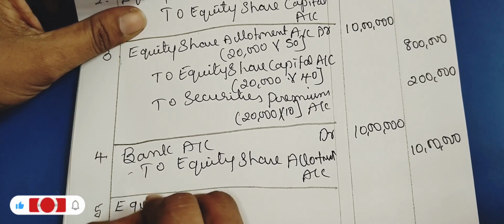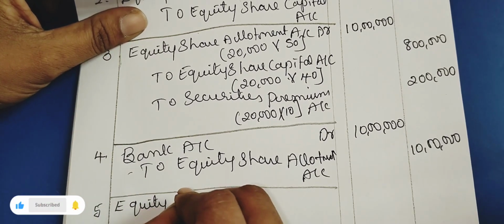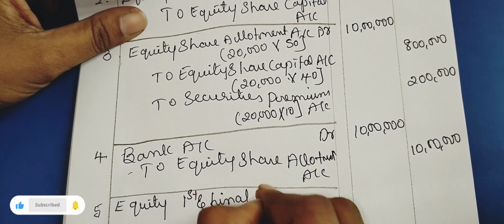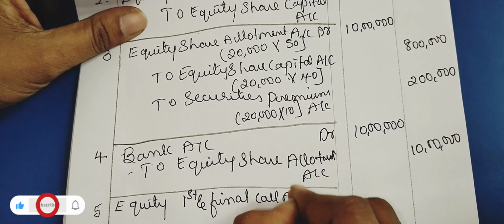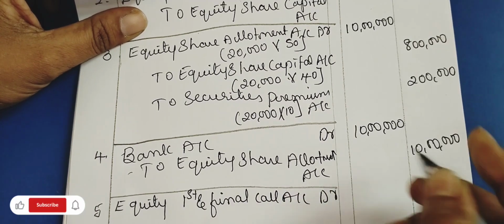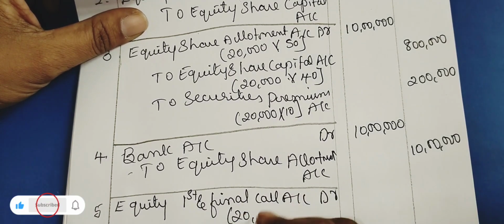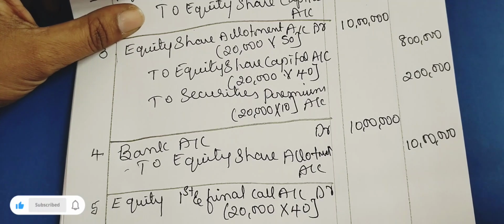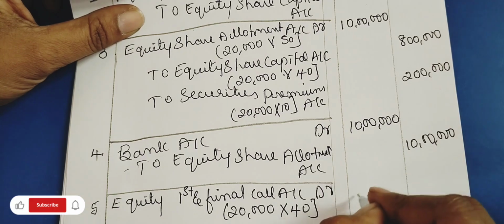The next entry is first and final call account. Equity share first and final call account debtor. What is the amount on first and final call? It is 40. 20,000 into 40, 8 lakh.